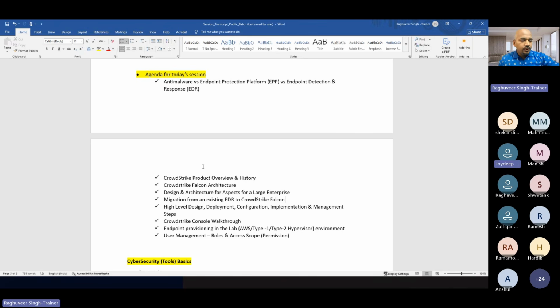So I don't see a use case of integrating CrowdStrike with a vulnerability management solution because it has its own vulnerability management module. However, if your organization is looking to do an integration, then CrowdStrike supports API-based integration.